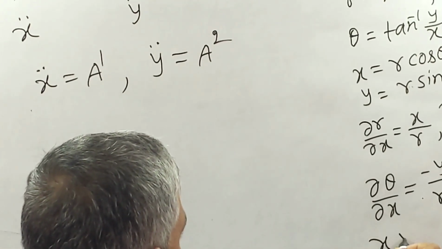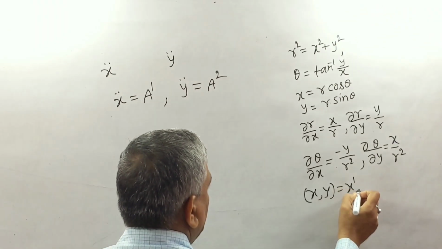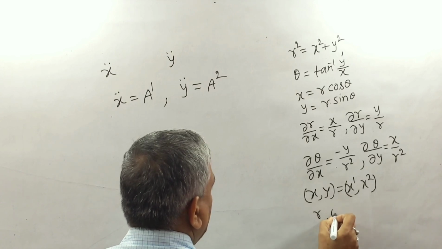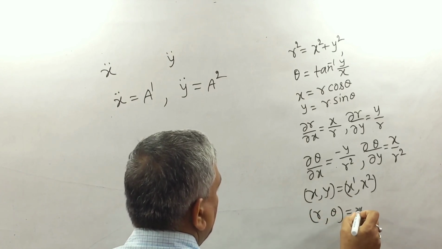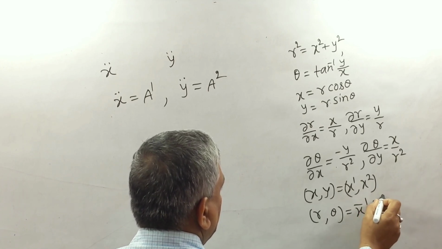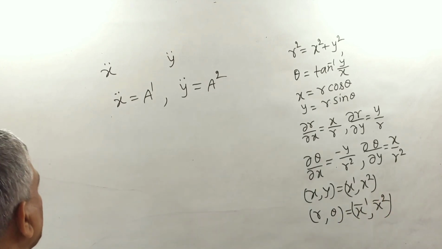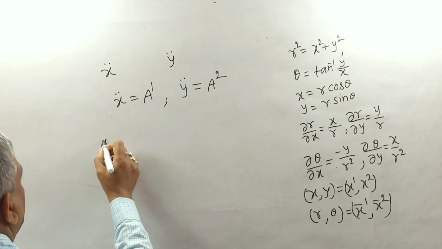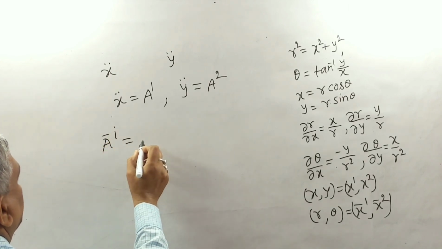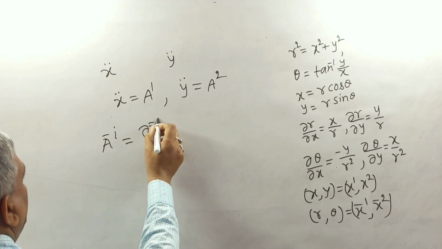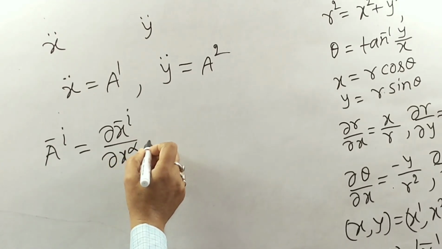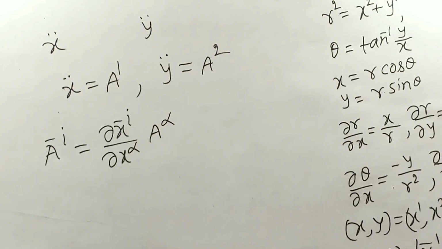Since (x, y) equals (x1, x2) and (r, theta) equals (x bar 1, x bar 2), now according to the tensor law of transformation for contravariant vectors, a bar i equals del x bar i by del x alpha times a alpha.